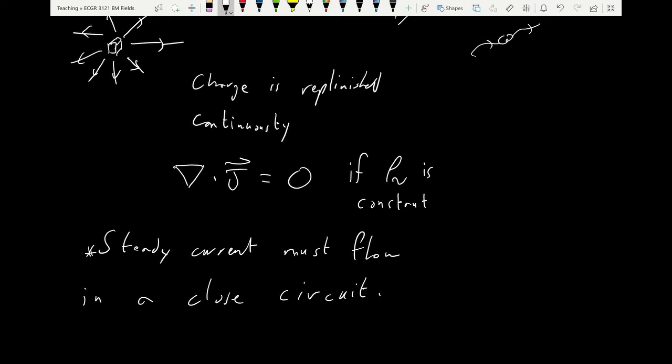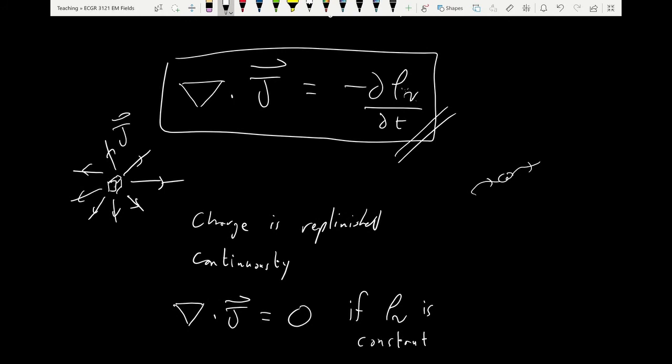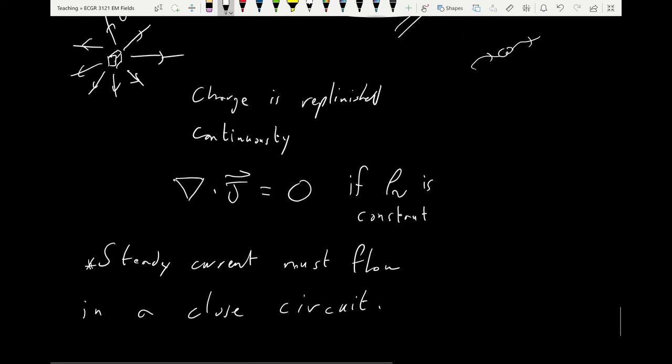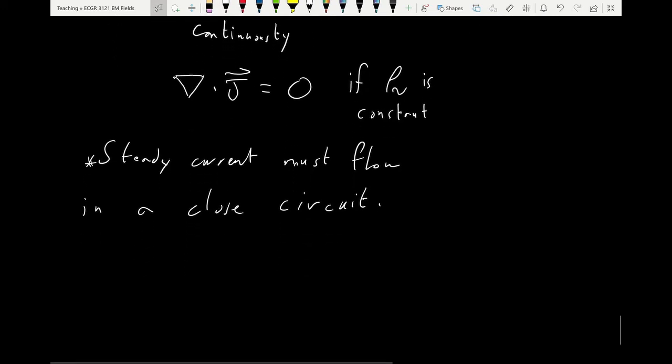Because if current is not steady, then charges are constantly changing in space, right? But we cannot have a situation where we suddenly have 1,000,000 coulombs at a certain point in space, right? So if charge does not change, and typically charge does not change because charge is conserved, that implies that divergence of J must be 0.